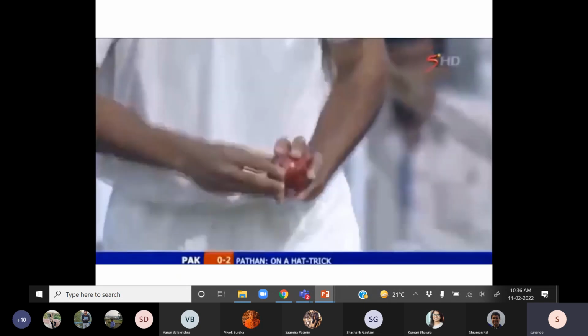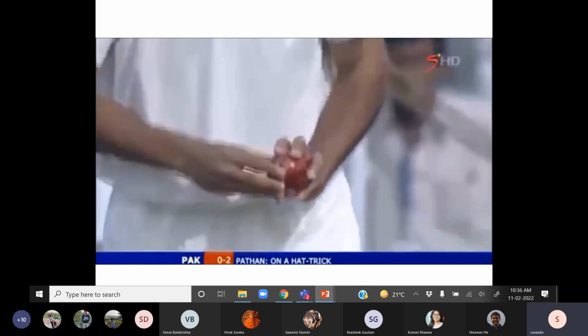So you could see how in the last clip, the ball moved in the air, and after crossing some distance, it sharply turned inwards towards the stump, and the batsman was right in front of it when that happened. So that's a perfect example of a leg swing.